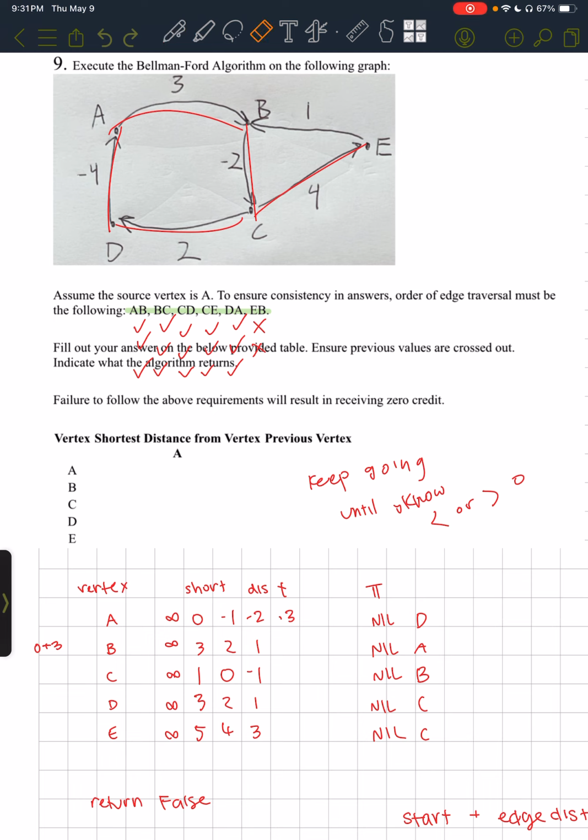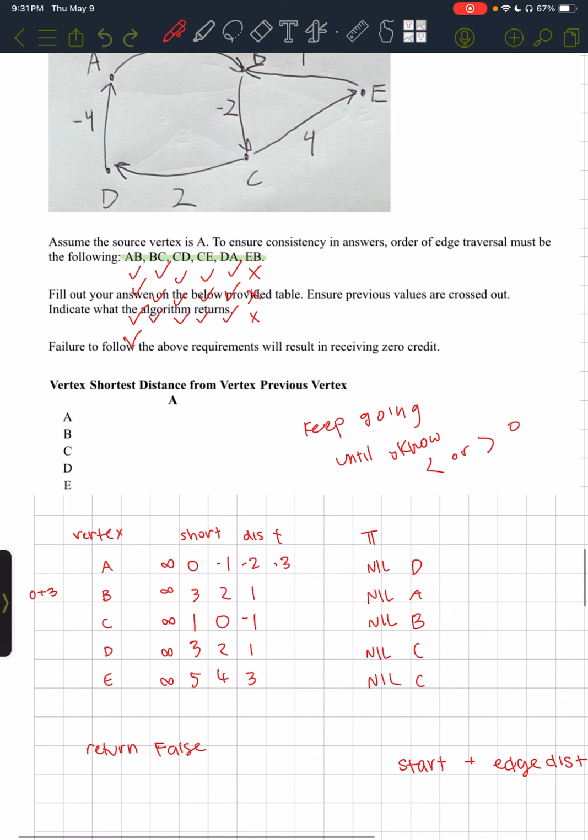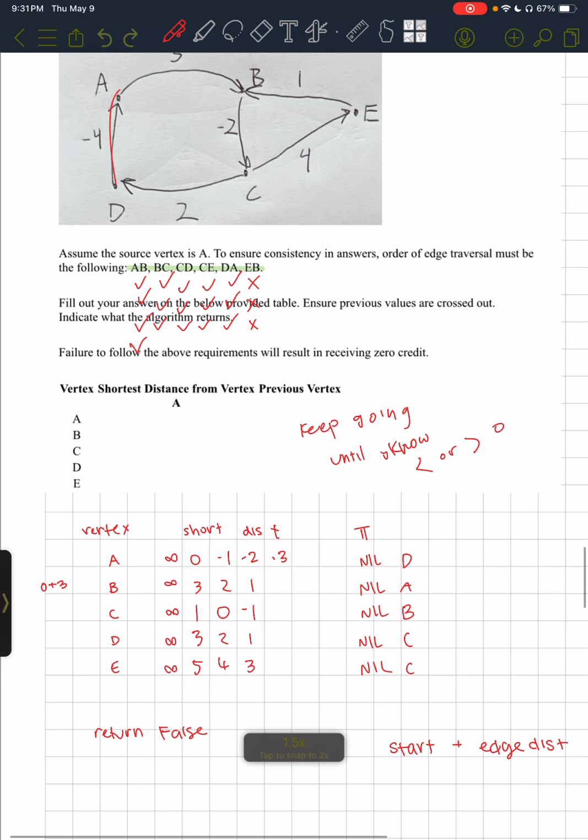So we continue the cycle until all of these confirm your claim of whether it's going to be a negative edge weight or a positive edge weight.